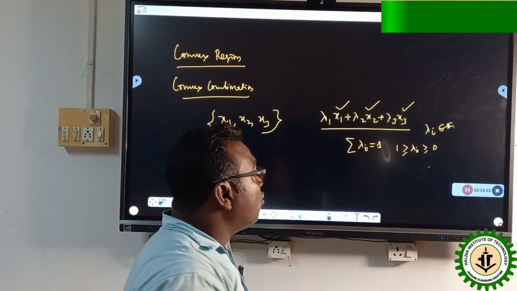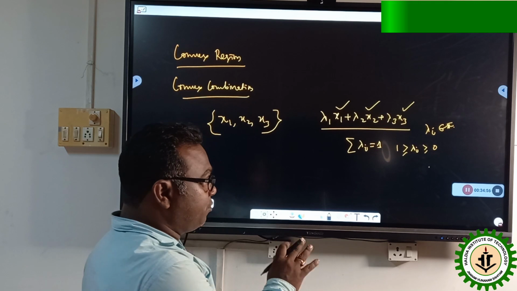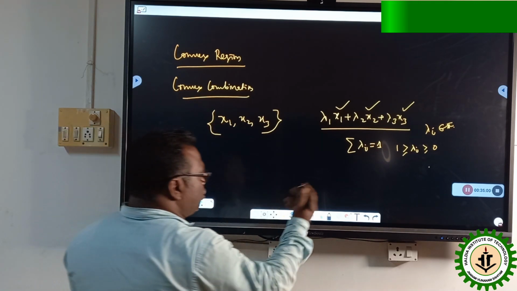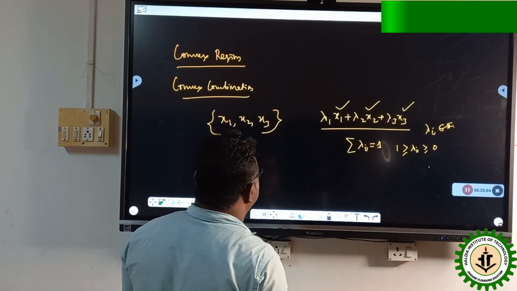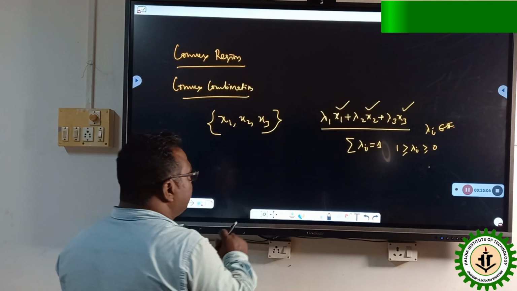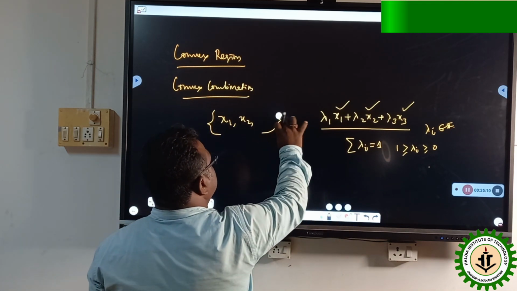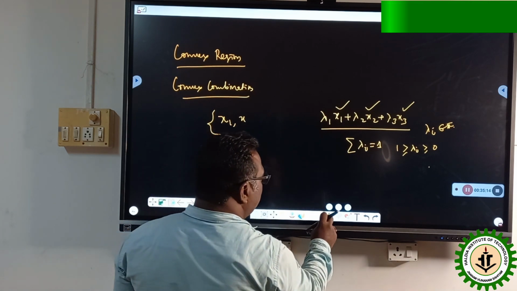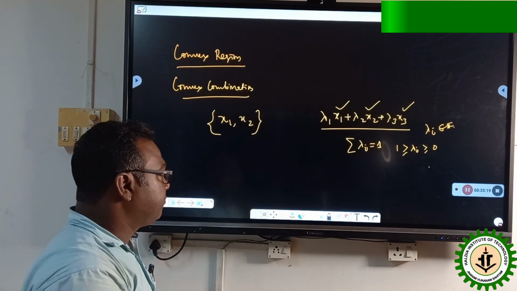Now the first thing: what does a convex combination represent? This is also a very good result you have to learn. For that, for simplification, let us assume there exist only two variables. I am not choosing three. Let x1 and x2 be two vectors.